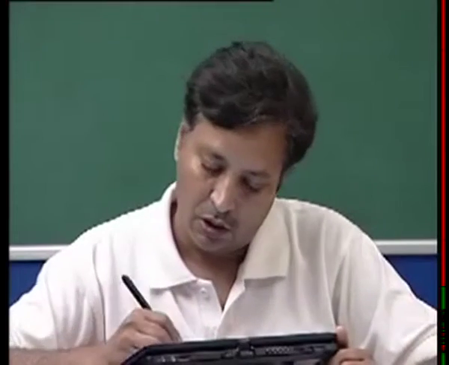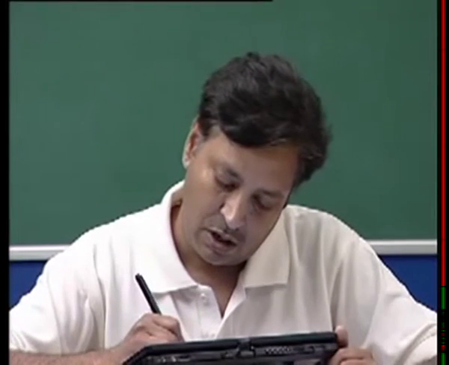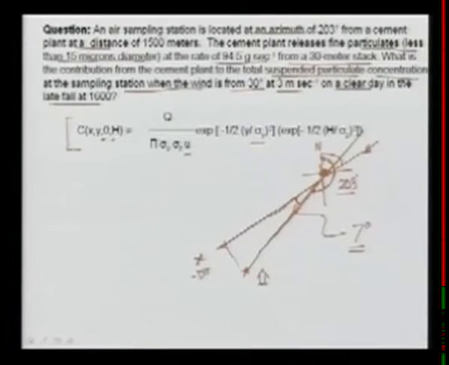So, I can draw a perpendicular from the station, and then I can find out this distance, because I need to know the distance in the x direction.